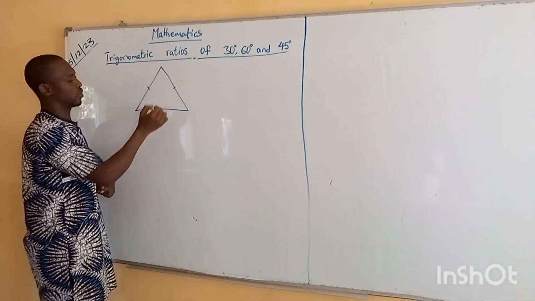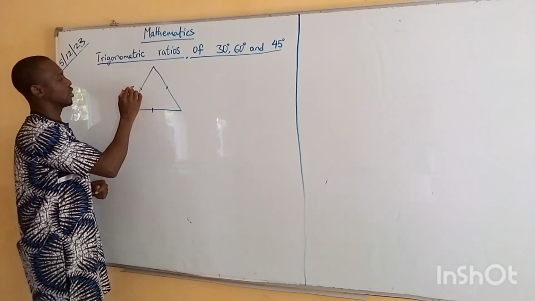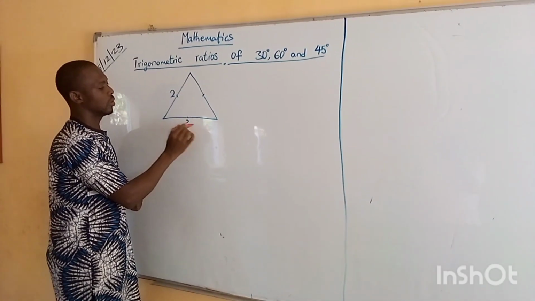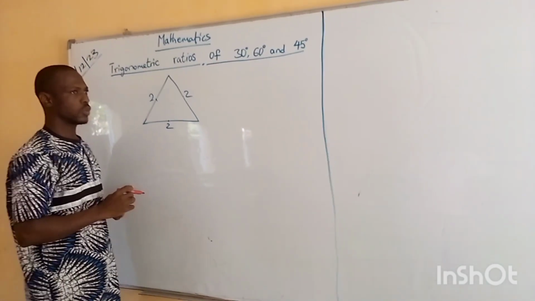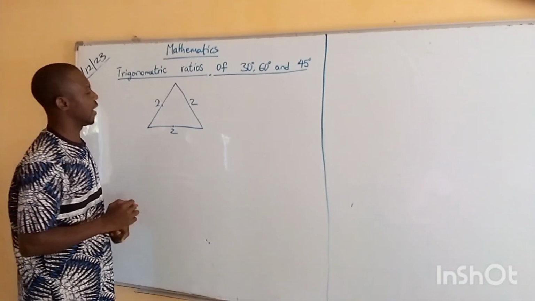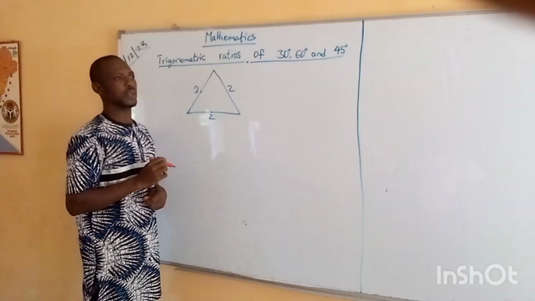This side is equal to this side, and this side is equal to this side. It is also assumed that the sides are of size 2, 2, and 2. Just as the three sides of the triangle are equal, the angles too are equal.